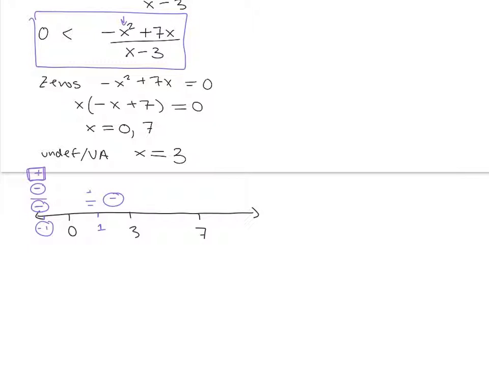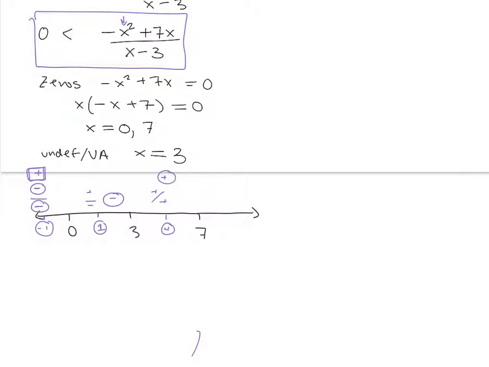Okay. How about a test number here? 4, sure. So in your numerator, if you plug in 4, you get -16 plus, it's 4 times 7, 28, right? So the denominator is also plus, overall you're plus.